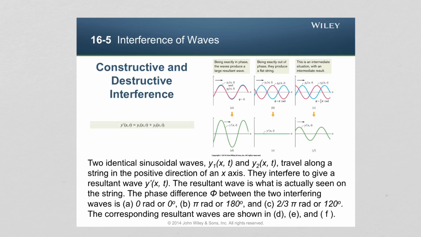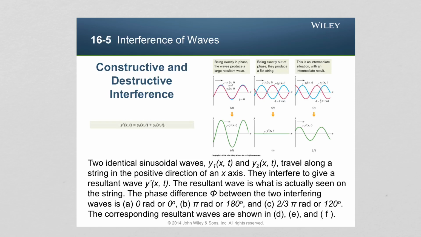Constructive interference is the superposition of the two waves when they're both in phase, which results in the largest possible amplitude of the resulting wave. And destructive interference is the superposition of the two waves when they are completely out of phase. Then the sine function in the net wave has a value of 0, and so therefore the net wave has no amplitude.